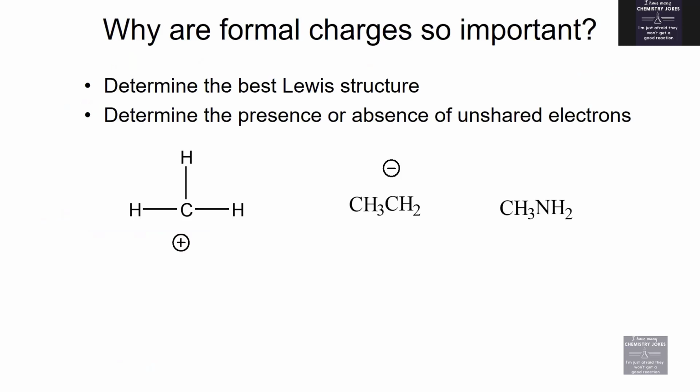Why are they important? Well, we will graduate to drawing lots of skeletal structures like we've been talking about a little bit here. This skeletal structure with a negative charge just floating nearby this single carbon, that negative charge makes me know how many hydrogens to connect to that carbon.